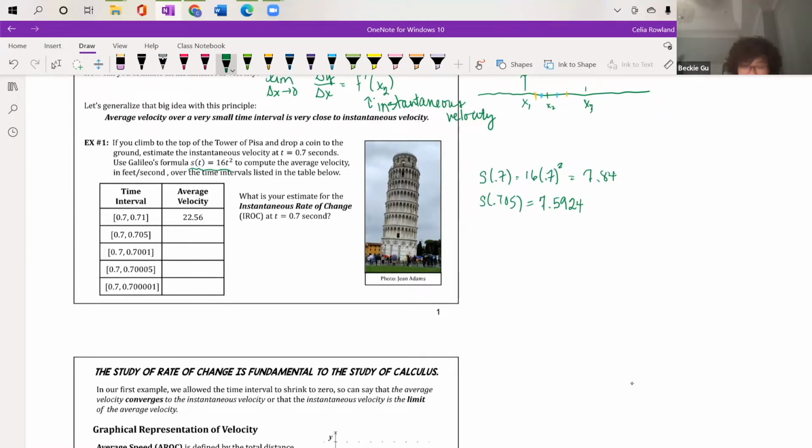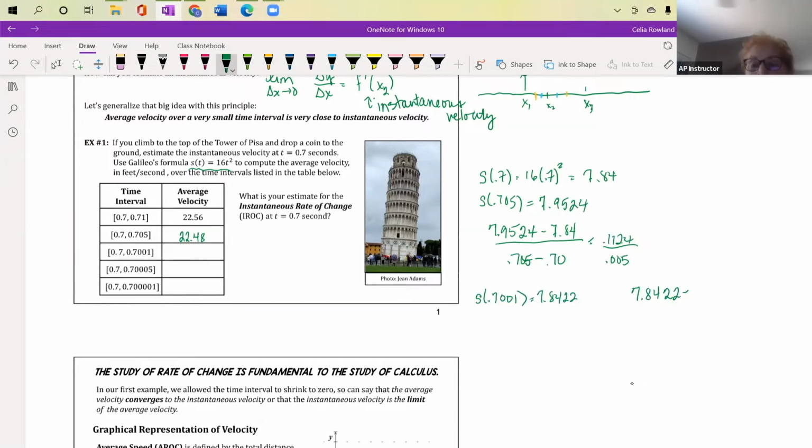The average velocity in here, going back to what we were doing before, it will be 7.9524 minus 7.84, and then we're going to take the difference. So that's 0.705 minus 0.7, sorry, I've got them in the wrong order. 0.705 minus 0.7, and minus what we started out with was 7.84.